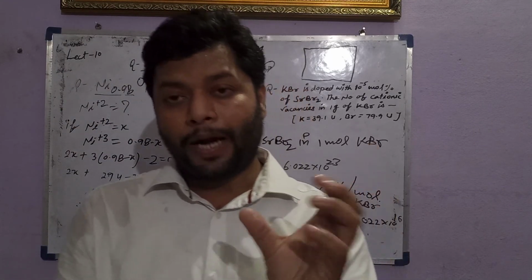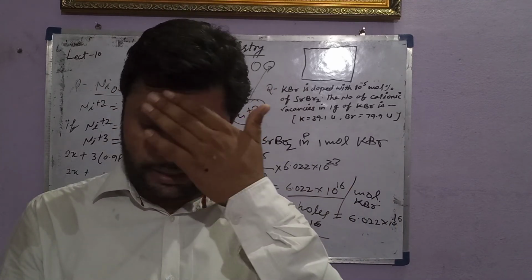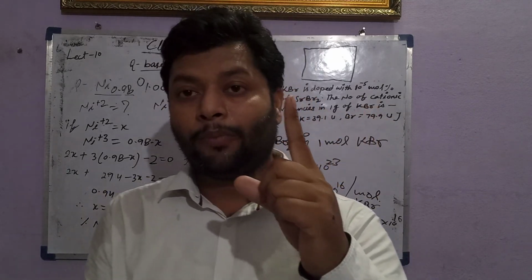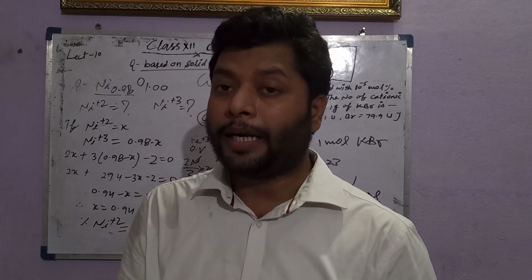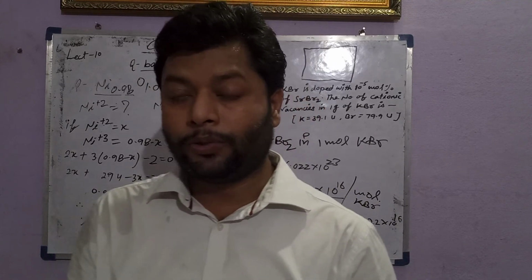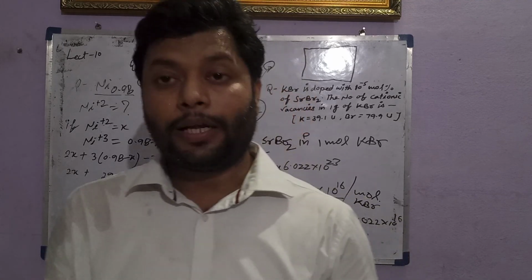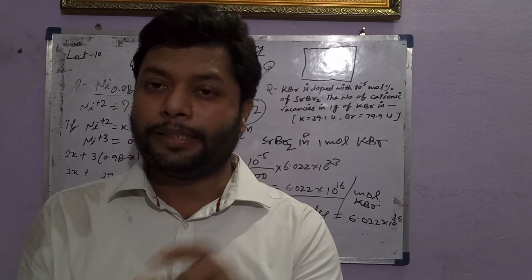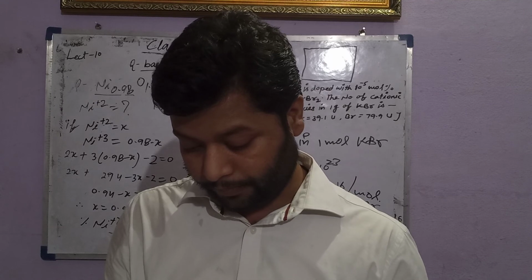The number of particles doped will be equal to the number of cationic vacancies, because strontium chloride is divalent and sodium is monovalent, plus one valency. So the number of strontium particles doped will equal the number of cationic vacancies. You can solve it, and also give me the answer in the comment box. If there is any problem regarding that, ask me in the same place.